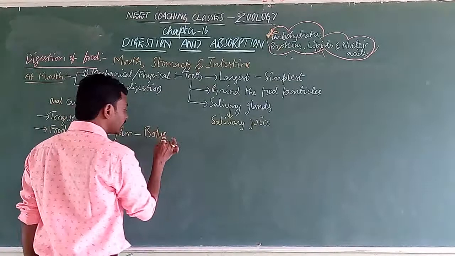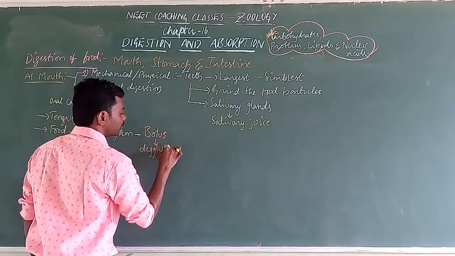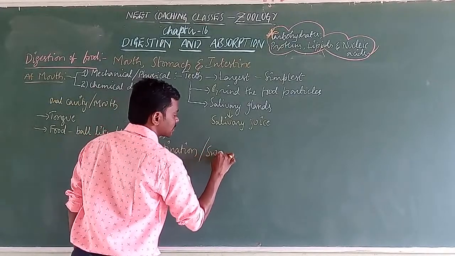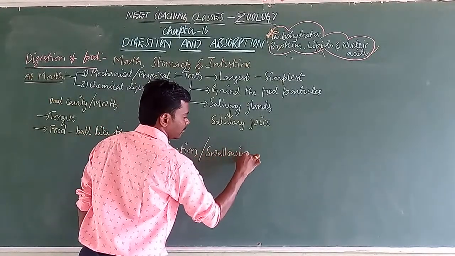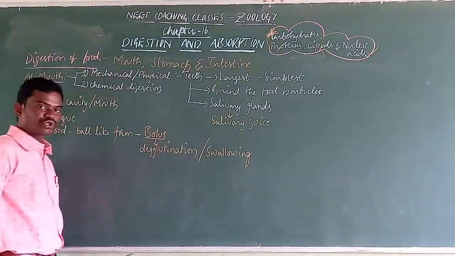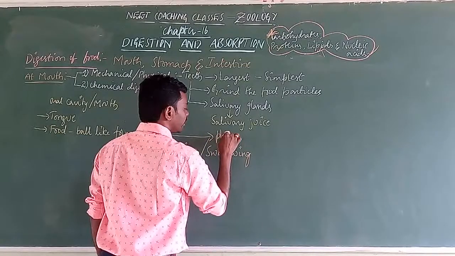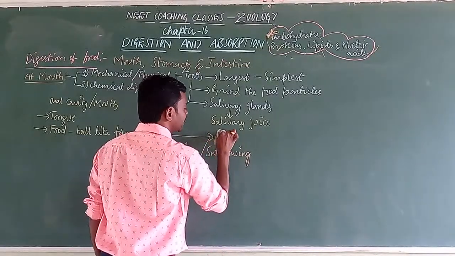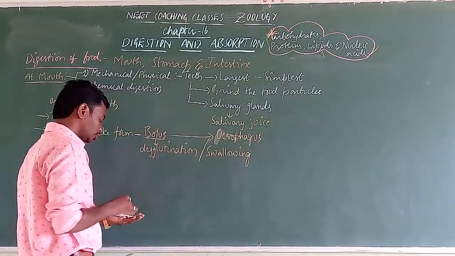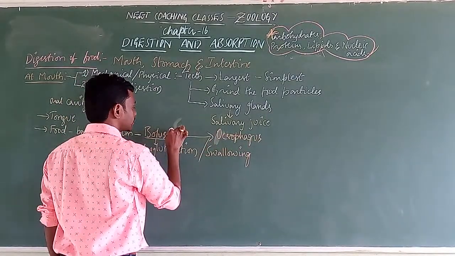By the deglutination process, or swallowing process, the bolus reaches the pharynx. The bolus then reaches the esophagus through the pharynx.